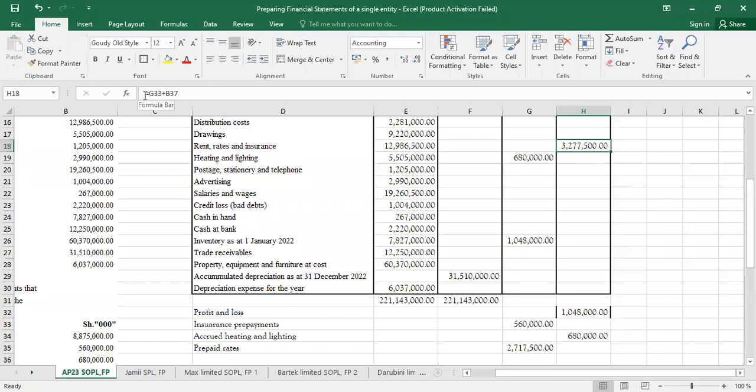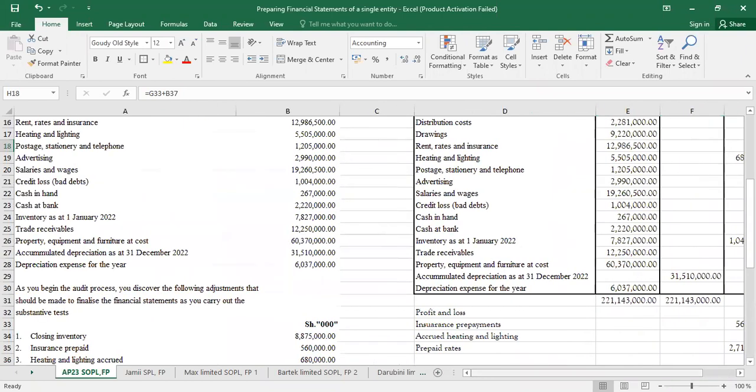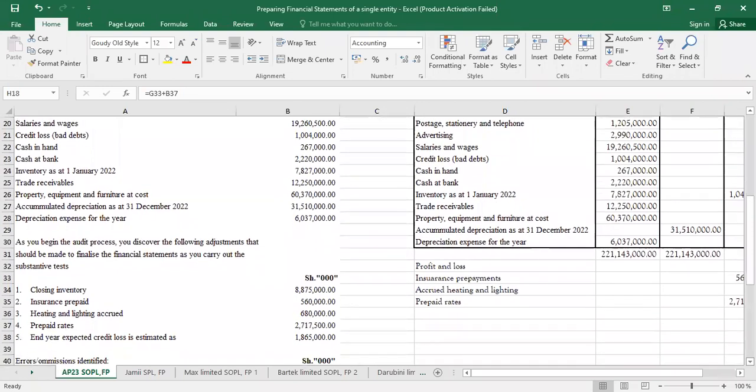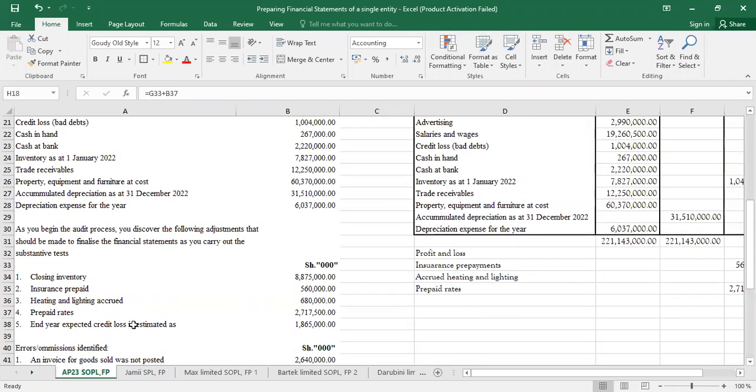You can see here it is G33 plus D37, the one for insurance prepaid and the one for rate prepaid. Then this file I'll send over, and I'll be sending the assignment. Let me see where the class will reach today first, then we go to addition 5.